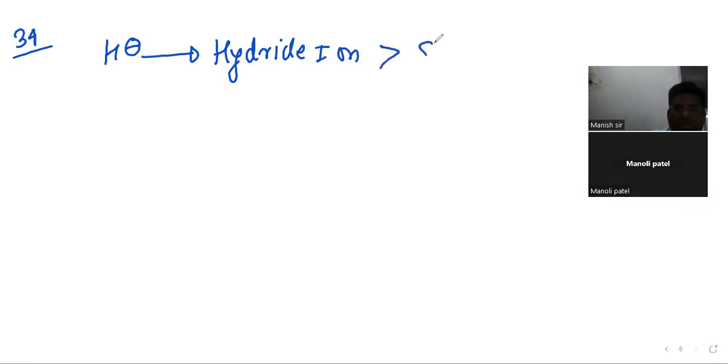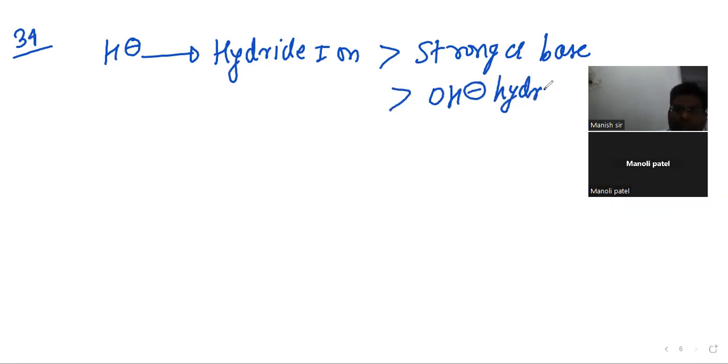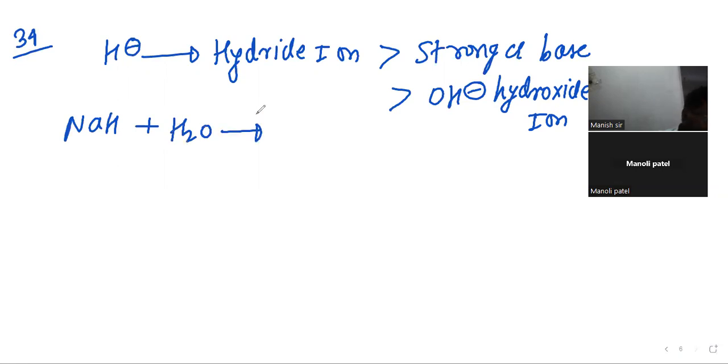Then the hydroxide ion, OH minus, is called hydroxide ion. Which of the following reactions will occur if sodium hydride is dissolved in water? So NaH, sodium hydride, is dissolved in water, right?